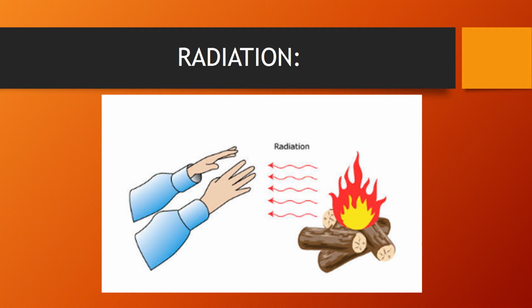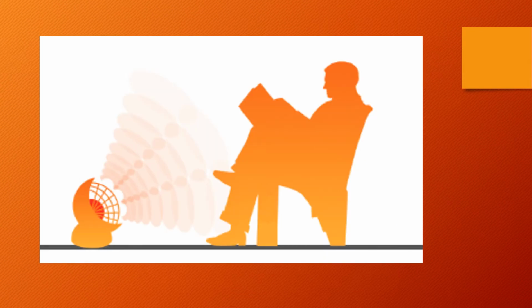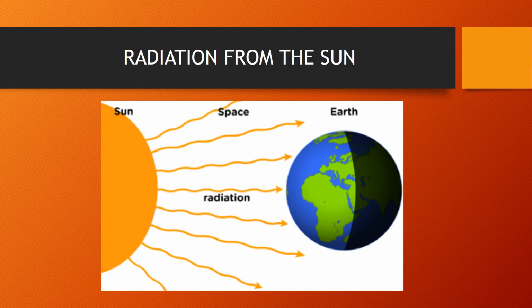Here you can see the radiation coming off the flame of the campfire as the guy warms up his hands. And here is another example of heat radiating off of a space heater, keeping this guy warm. Another good example of radiation is the sun.